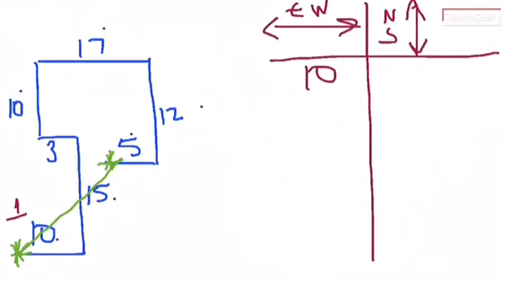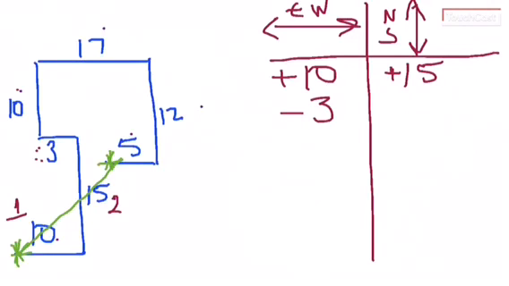Our next one, number 2 here, was 15 meters north, so we'll put it in the north and south category. The next one was 3 meters west, and so here's what I was talking about: if east is positive 10, which we put here, then west has to be a negative 3 because it's going back the way we came.